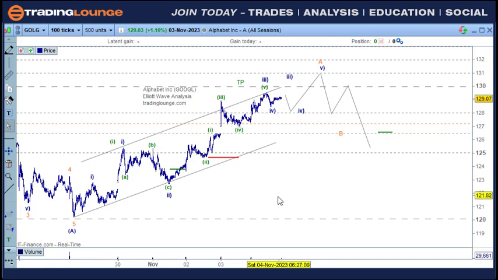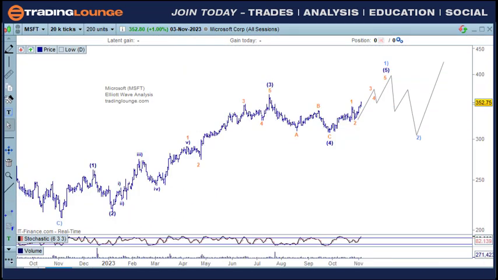So we've done all the right things at the right time, and now we just have to get out of the market and just do nothing for a little while, just observe things. And if it plays out, if we do get the 5 waves, then our focus will be on building back in on these markets.